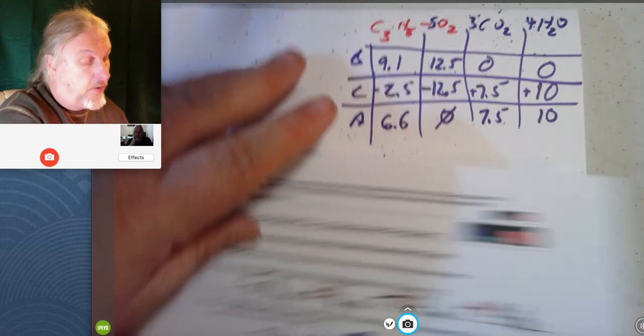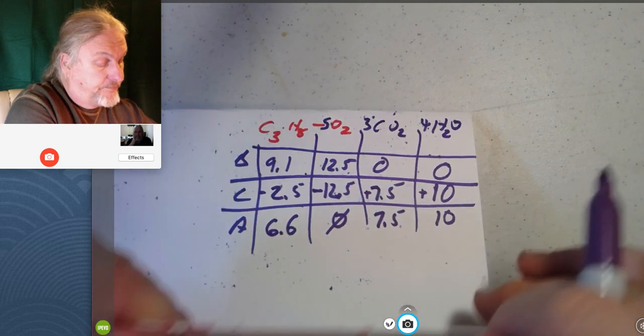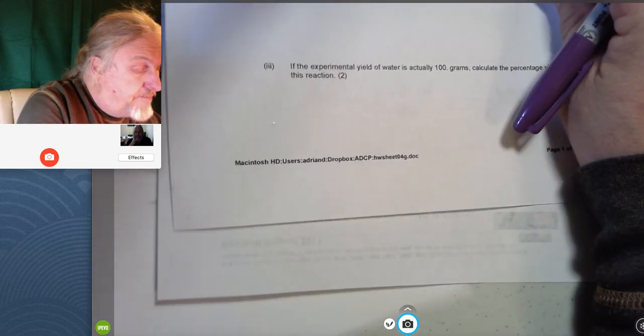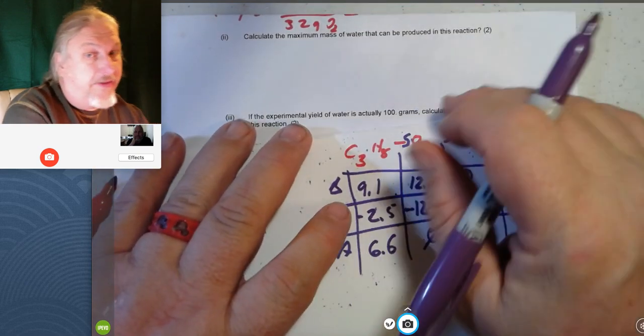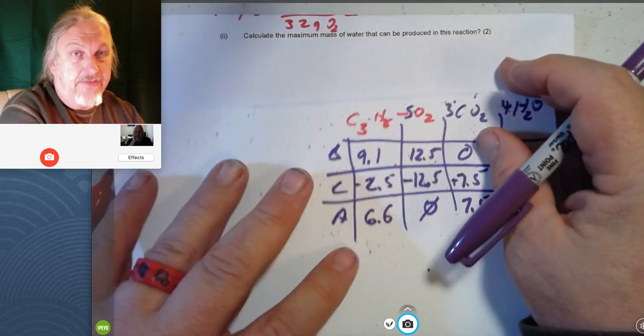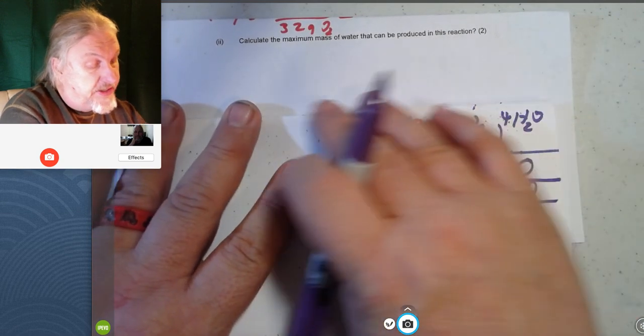My problem's almost solved. So let's look down here. Oxygen is the limiting reactant. Calculate the maximum mass of water that can be produced in this reaction. With the data I have, I can only produce 10 moles.